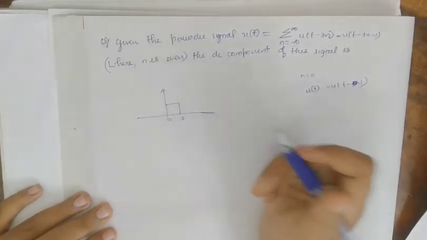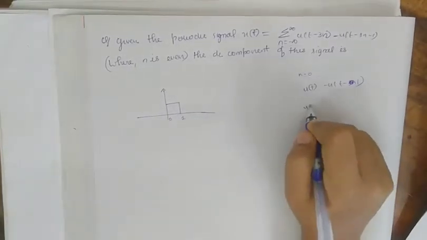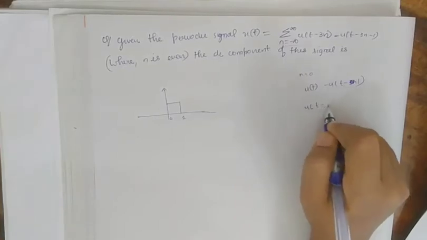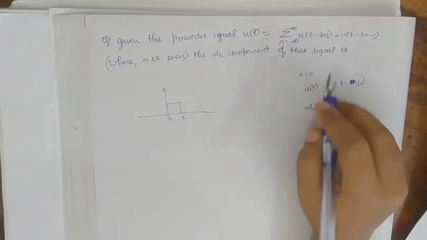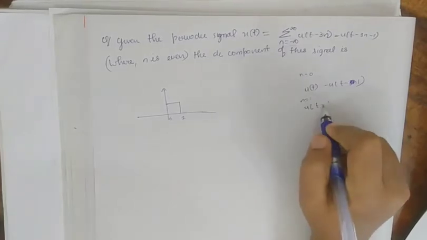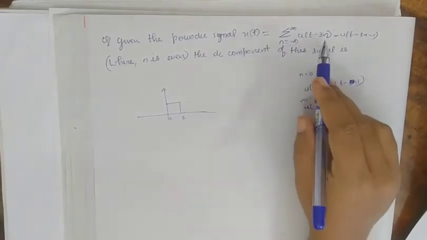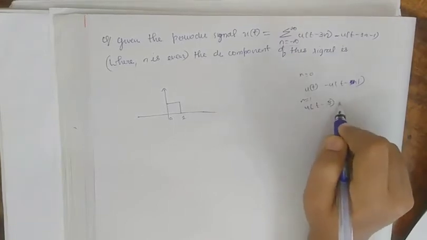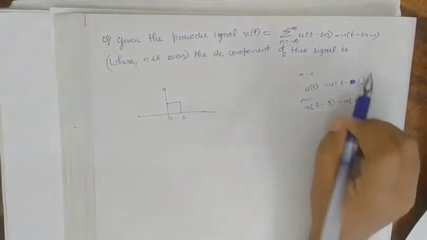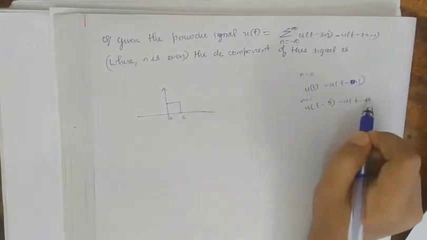And again, next one is n is equal to 1, right? So u of t minus 3 minus u of t minus 4, right?